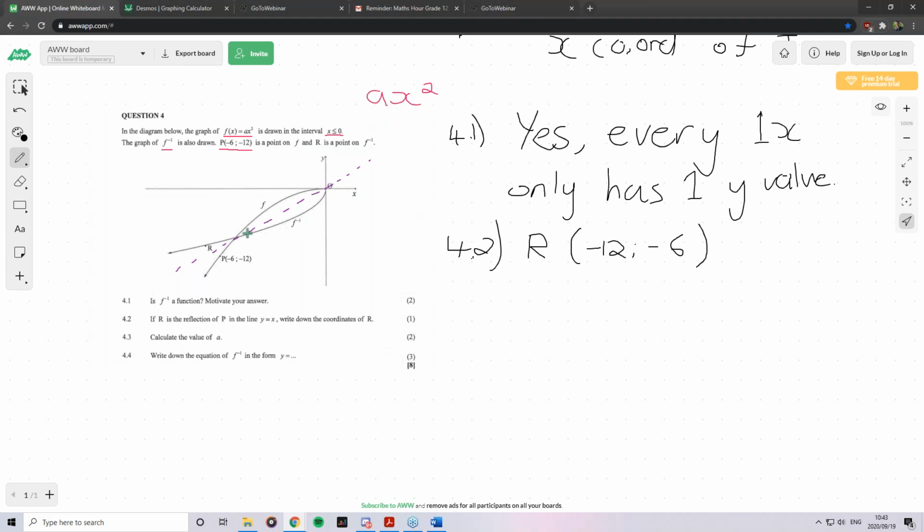If the logic works for x-cuts, surely it works for every point. If an x on the f becomes a y on the inverse, then to get the reflected points, you're literally just swapping x and y.